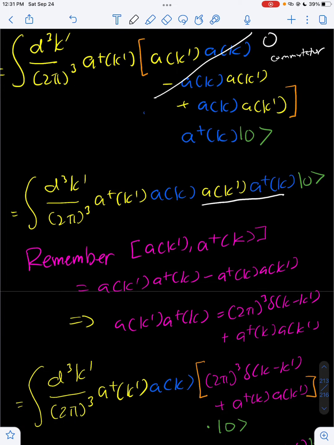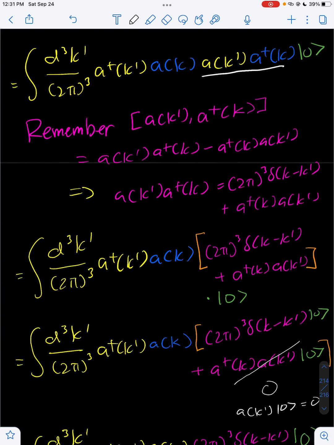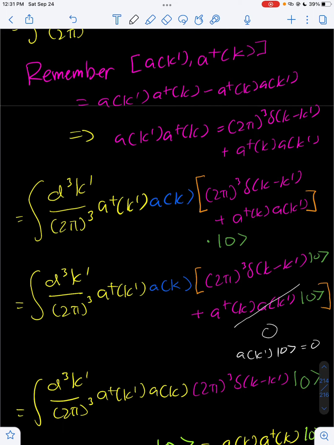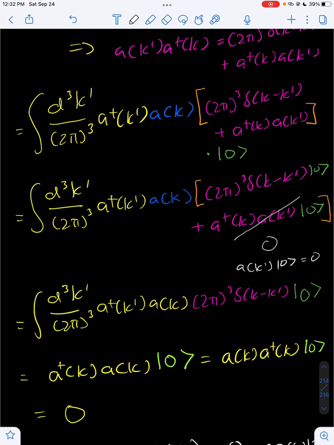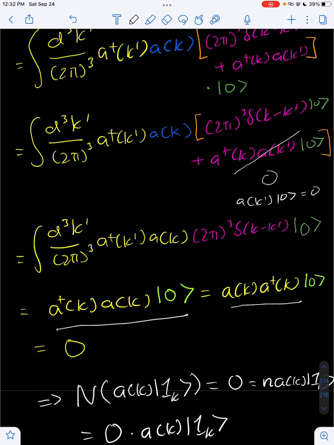We have to use the commutator again. We can use the one for the first one. We can do some more expansions, multiply everything by the vacuum state. We cancel some more things out. Then we end up getting A conjugate k, A of k times 0 equals A of k, A conjugate k times the vacuum state, not 0, the vacuum state.